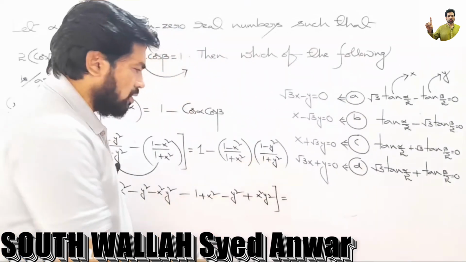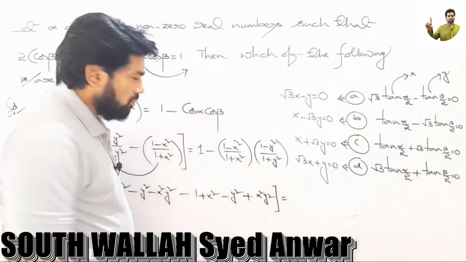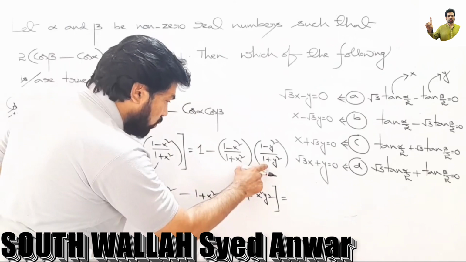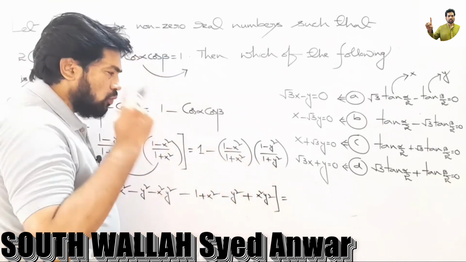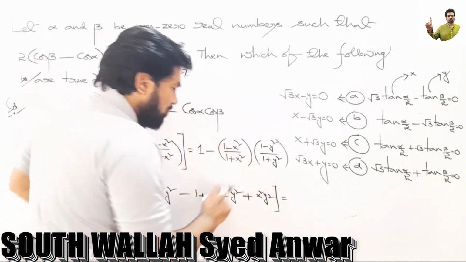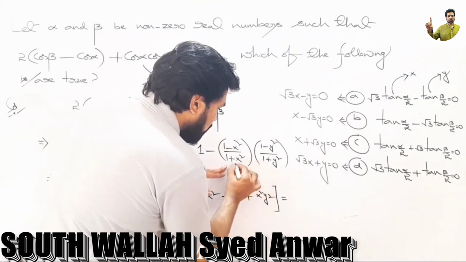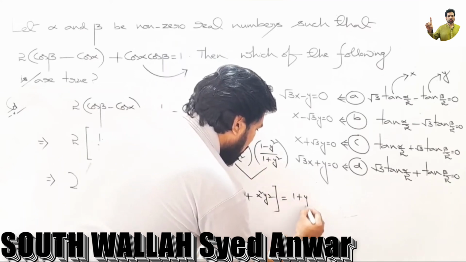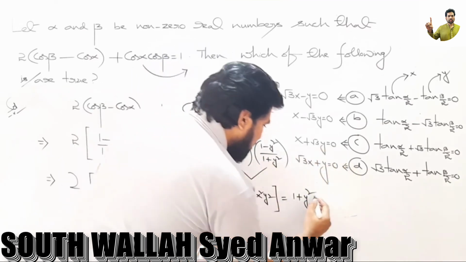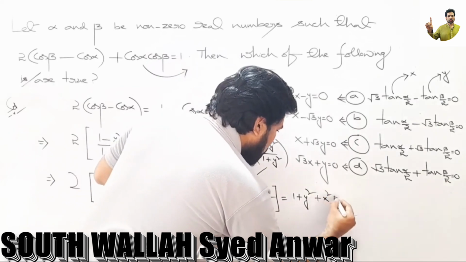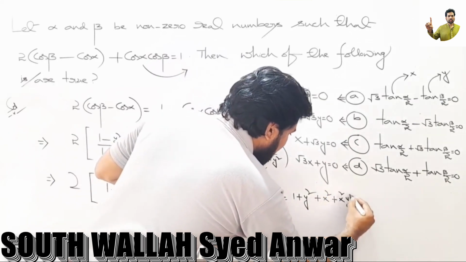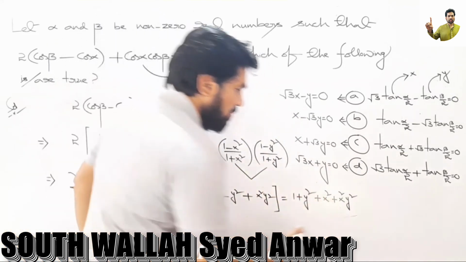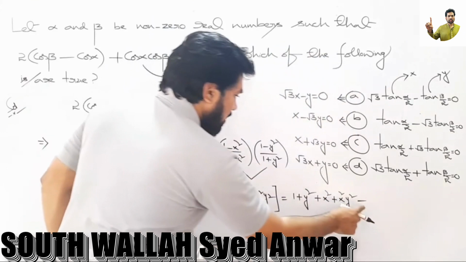Simplify the right side part here. So already we have taken the LCM, which is (1 plus x square) into (1 plus y square). First multiply these 2 terms, cross multiplication with 1: first multiply with 1 plus y square. Next multiply with x square: plus x square plus x square y square. Cross multiplication with 1 means we get the same result here. Next we have minus sign here.